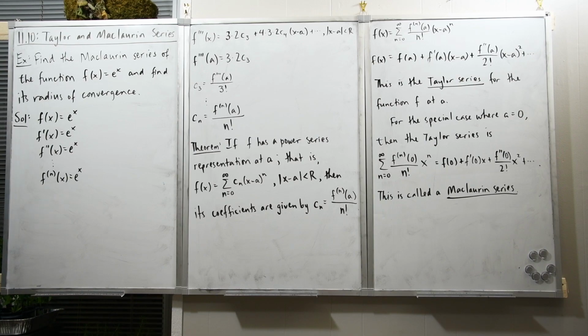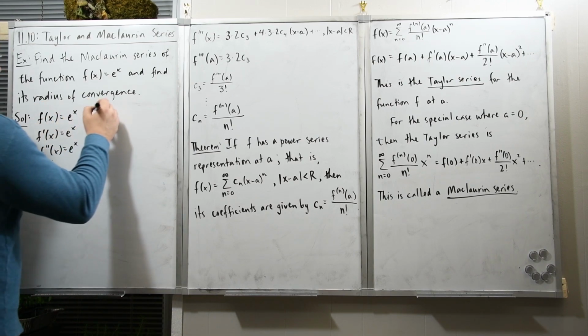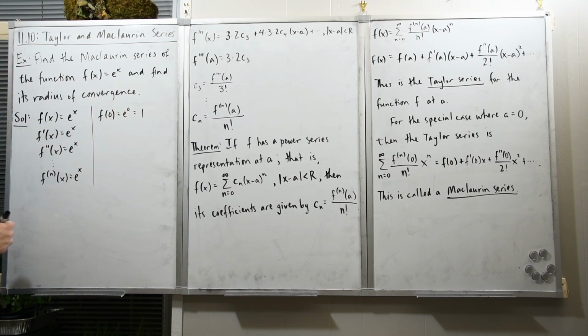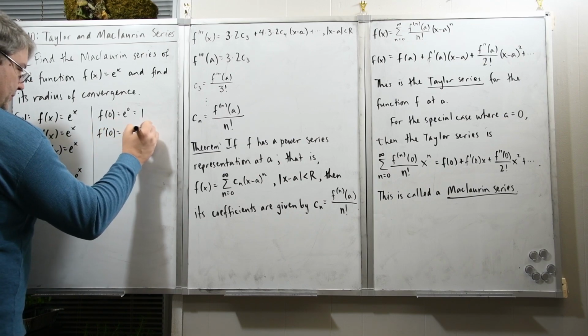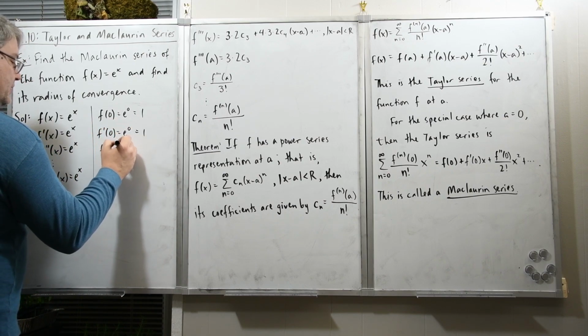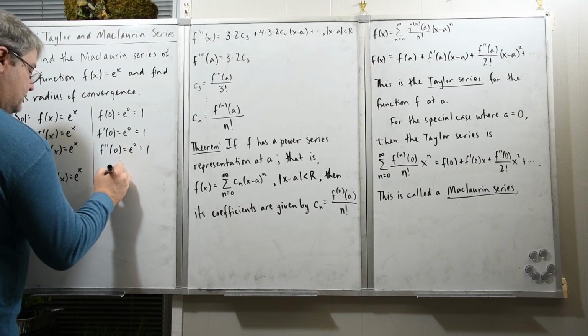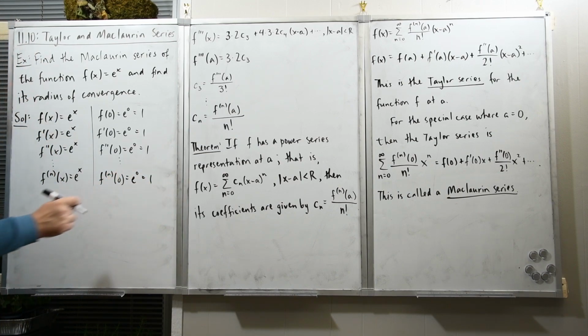So what this means is that if we were to evaluate each of these at x equals 0, you'd have f of 0 is e to the 0, which is 1. F prime of 0 would be e to the 0, which is 1. And we just keep getting 1 when we move down this list. Each of those derivatives evaluated at 0 is going to give you 1.